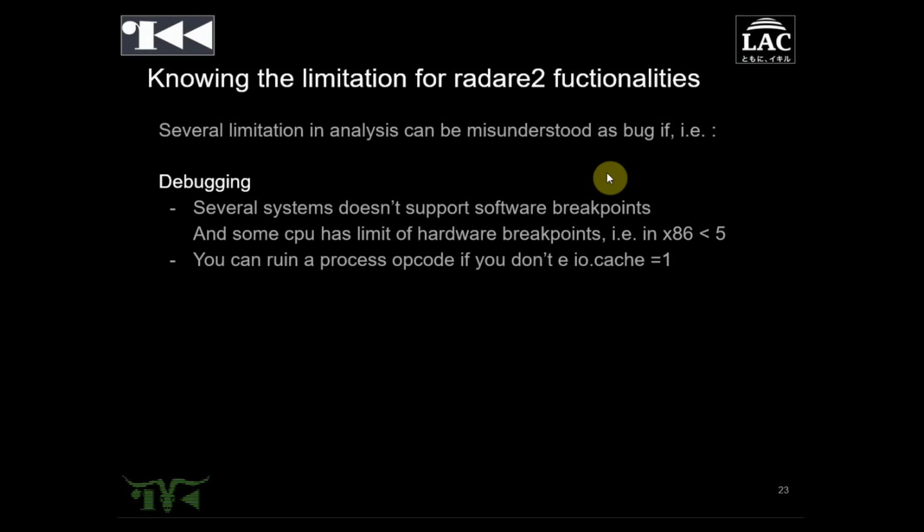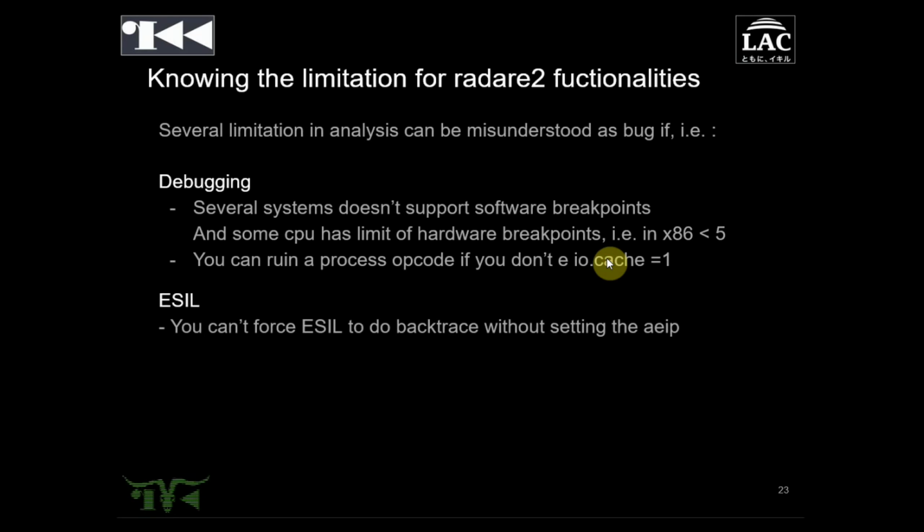Another thing is you can ruin a process's opcodes if you are dealing with the hex of the opcodes itself with a command like wx, and when you are executing that command, you don't use the IO cache protections. So when you are writing something with wx, you have to be sure it is written, especially when you are in the middle of debugging something.